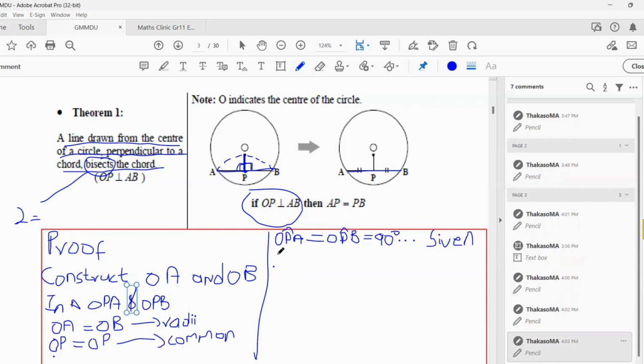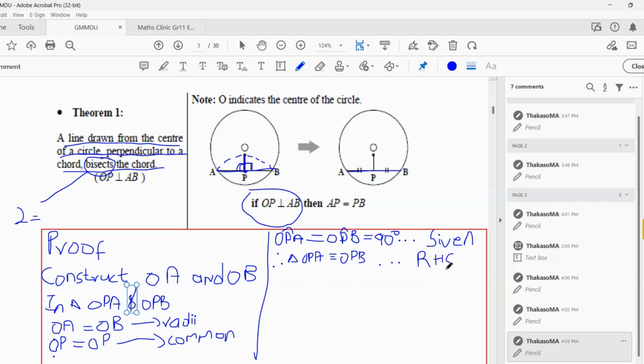So we can then conclude that therefore triangle OPA is congruent to triangle OPB. What would be our reason from grade 10 in that case? We just abbreviated it: RHS. You don't have to write the entire statement.